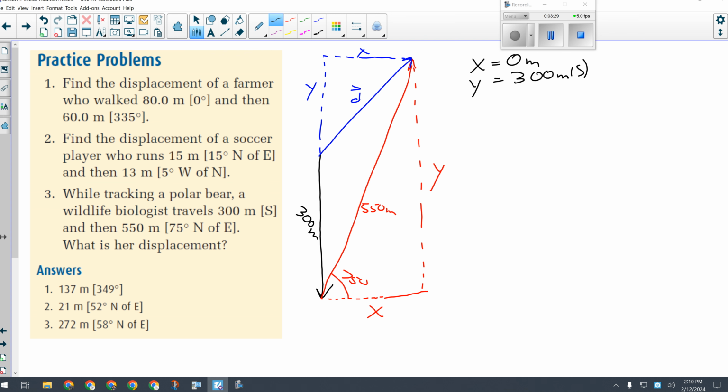All right, so for the red triangle now, I do have to do some trigonometry because I actually get a triangle with this one. If I want to find the x component, x in this triangle is adjacent to the 75 degree angle. So as a result, I'm going to use cosine to find out what x is. I'm going to go cos of 75 times the hypotenuse, because that's the side I know, 550.